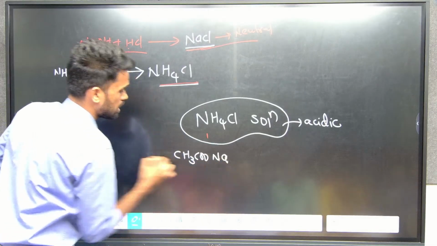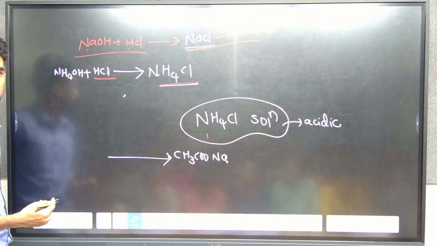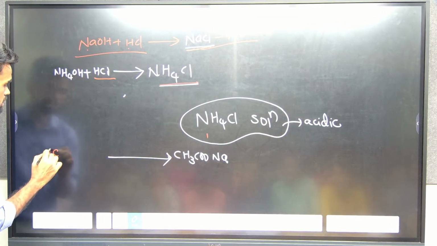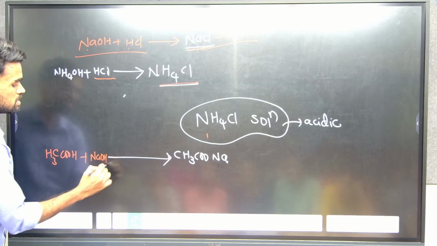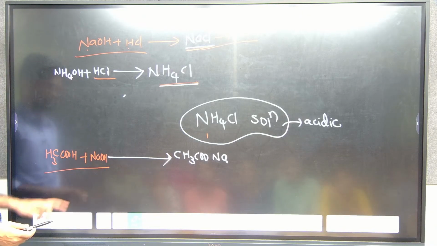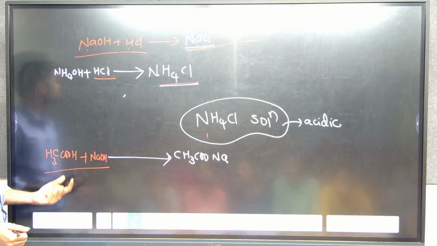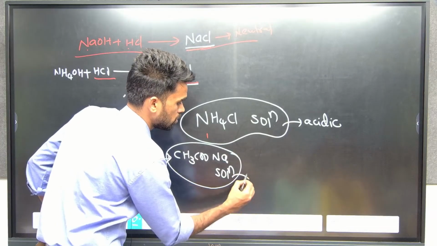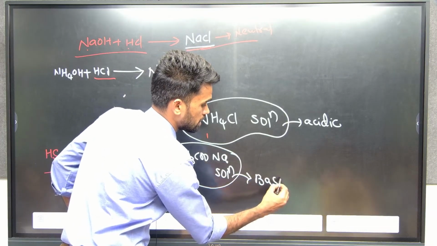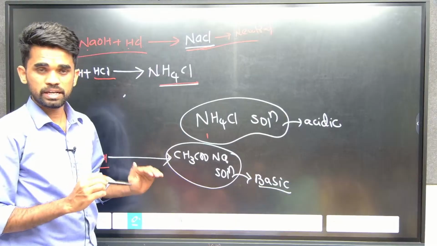How it is formed, tell me? From where it is formed? CH3COOH. So what is strong here? Which is strong here? So this salt solution will be basic. Yes or no? Up to here it is understood.